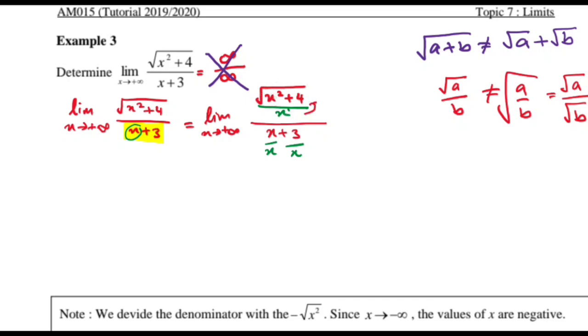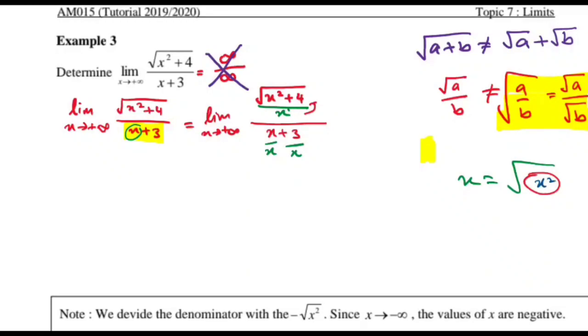And to do that, you have to use this property. But to use that property, x must be written in the form of square root of something. And what is that square root of something? Try to figure out. Well, x is equal to the square root of x squared.